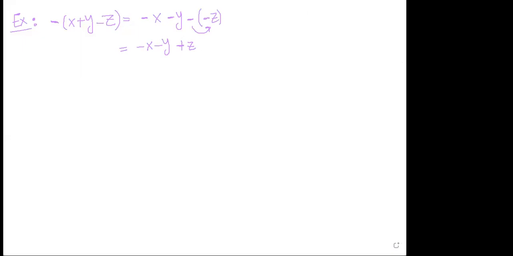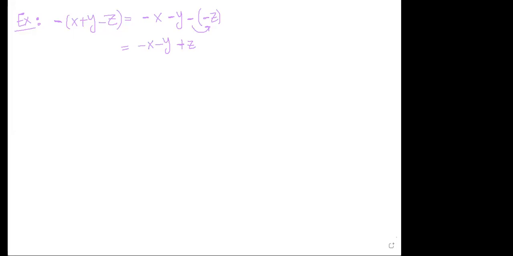Okay, so now we finish the six properties for addition and subtraction. Another set of properties is for multiplication and division.